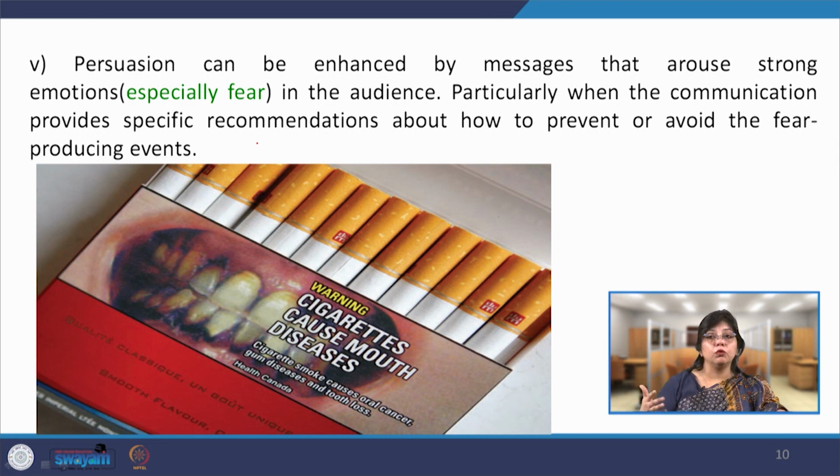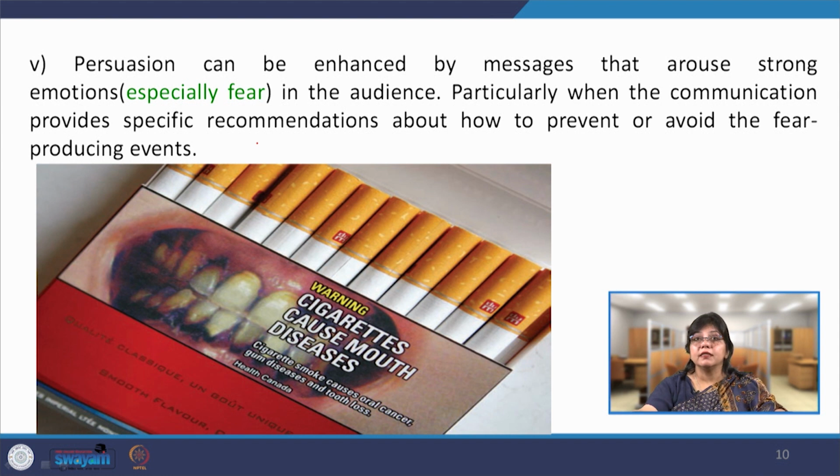We convey a message to the consumer that if you smoke, it will cause you cancer. That can arouse fear among people, and the person will try to escape from those negative or fearful emotions. This is how the persuasive tendency also declines.